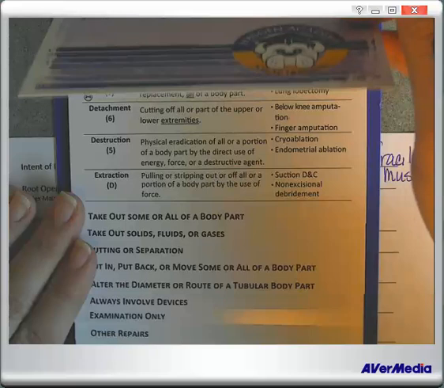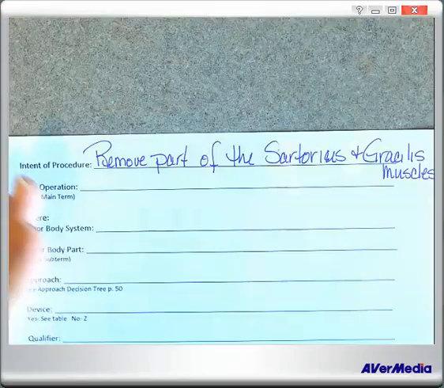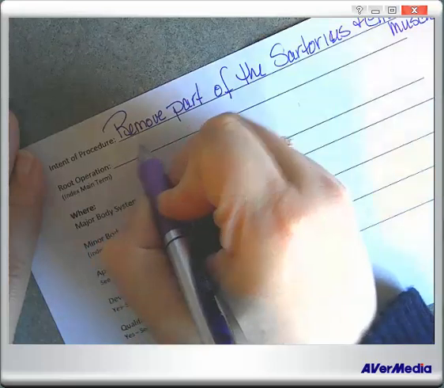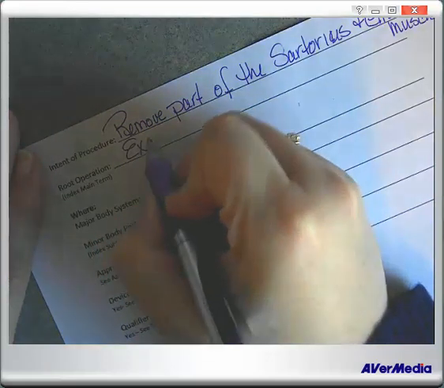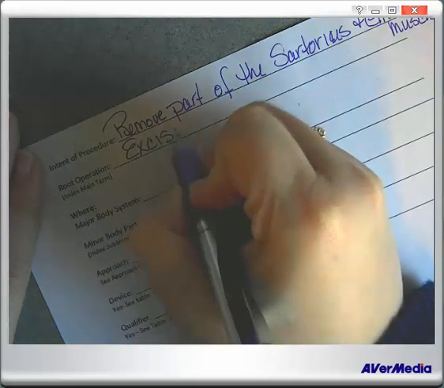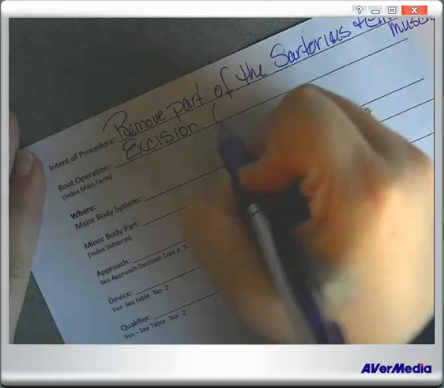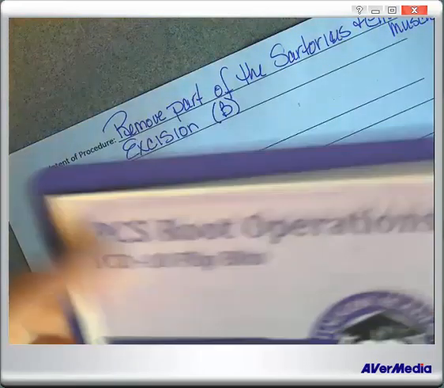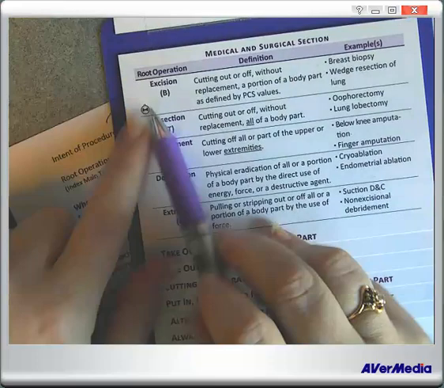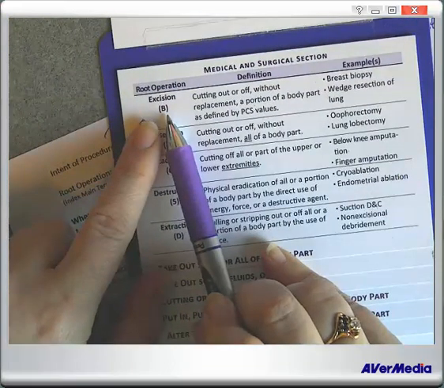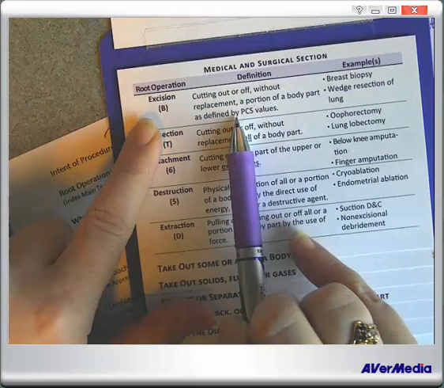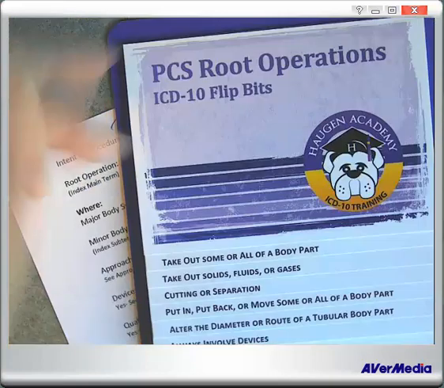So we know that our root operation is going to be excision, which we also know is the character B, because it tells us right here. We have to make sure it fits the entire definition, okay? Which it does. All right?